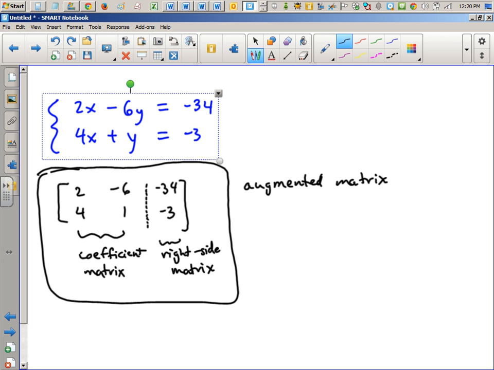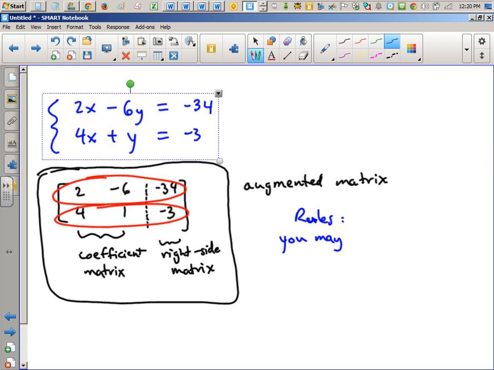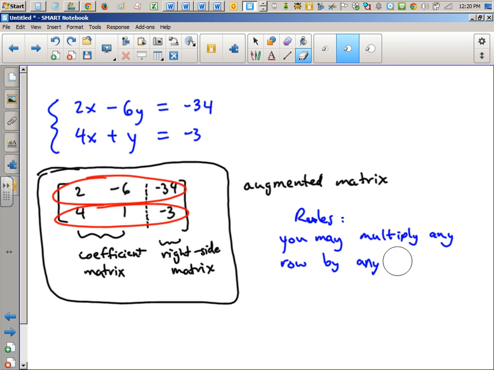But remember what we did with the elimination method. We can apply that here. Okay, so as you know, these are called the rows. And here are the things you're allowed to do. You may multiply any row by any number except 0.